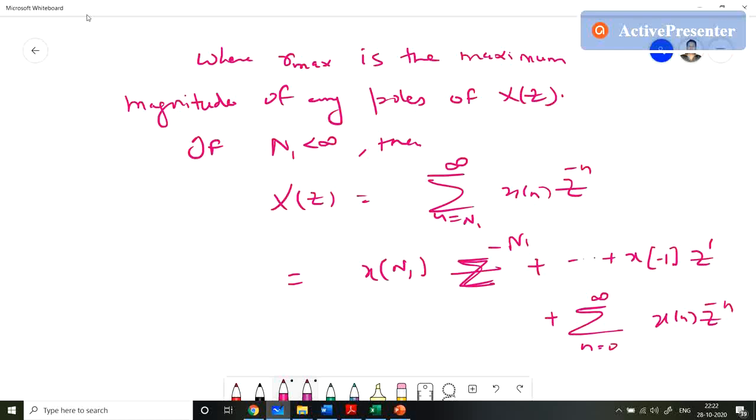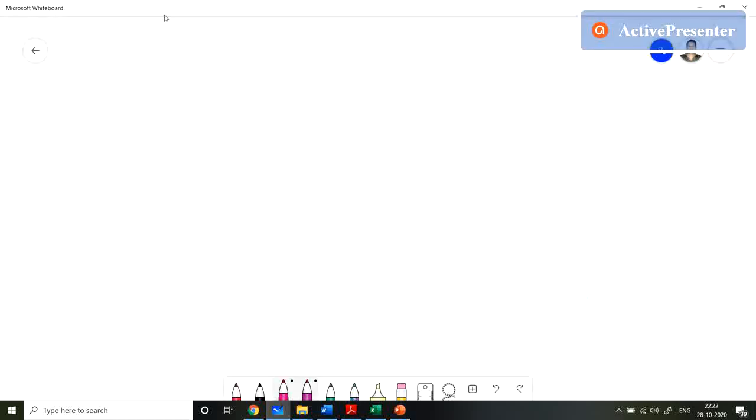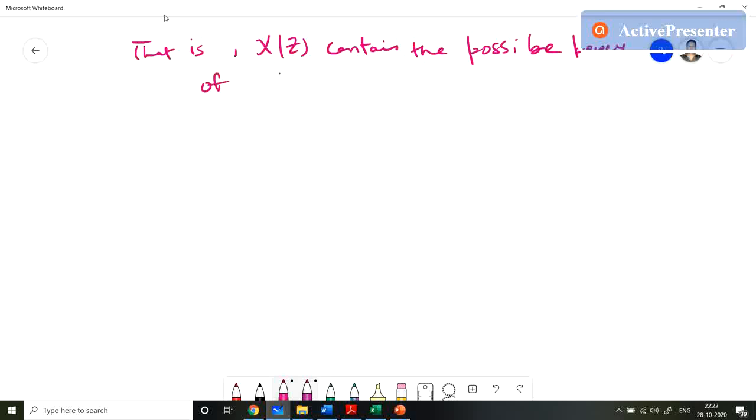So what will happen is that X(z) contains the possible positive powers of z and becomes unbounded at z equal to infinity.